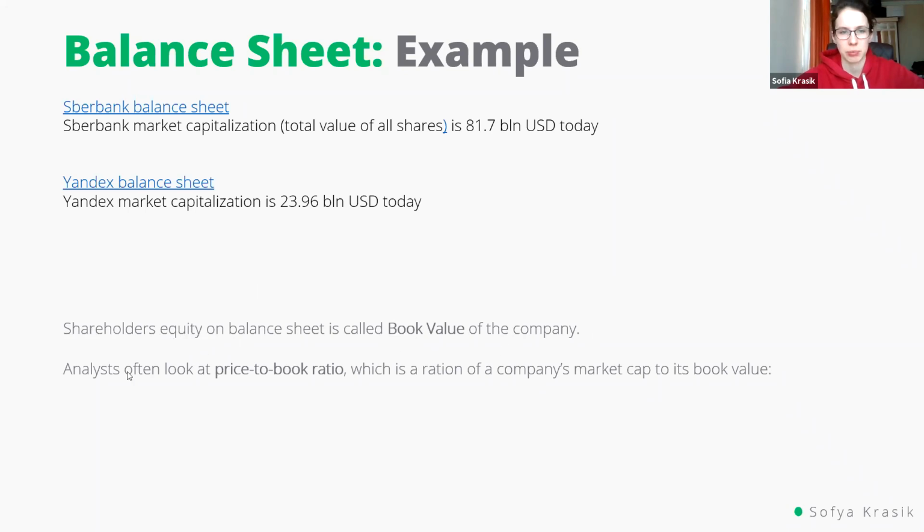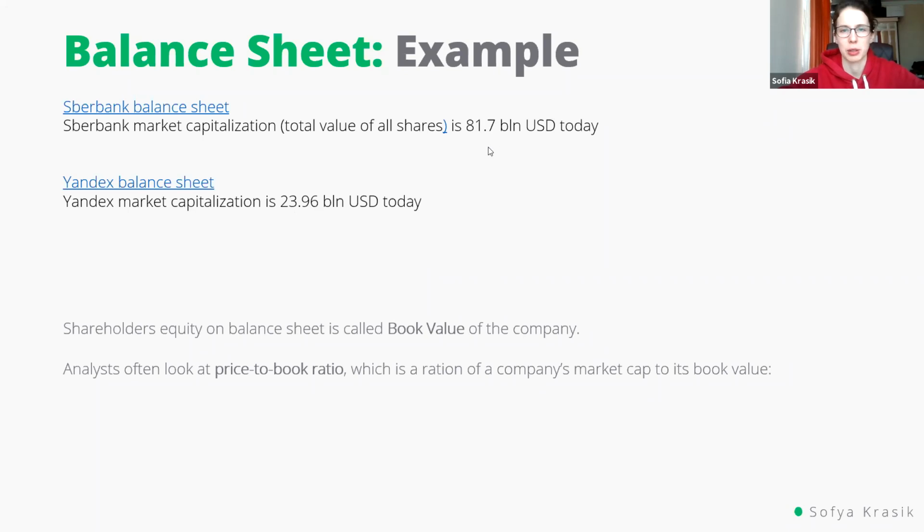And a little bit going forward, I'll just tell you here that analysts often look at price to book ratio. So this is basically the ratio of the market capitalization to the company's book value. So here for Sberbank, vice versa, it would be 82 over 65 for Yandex.